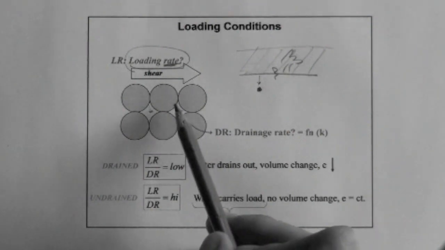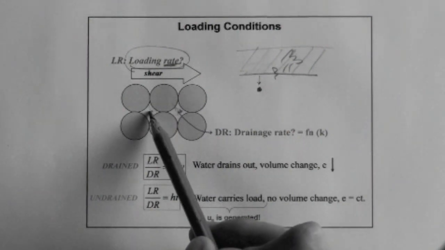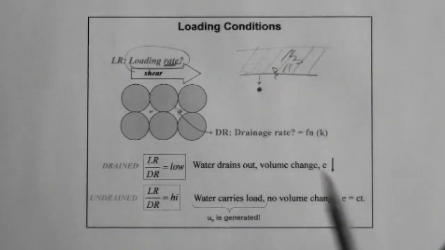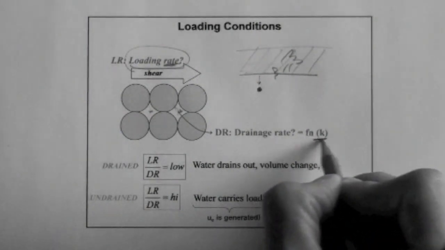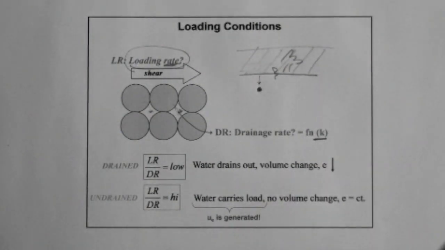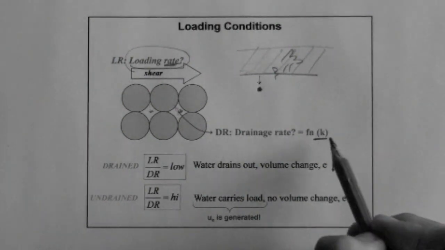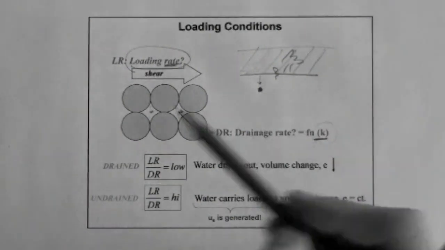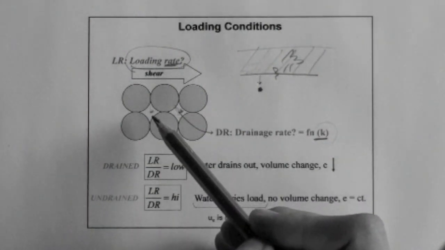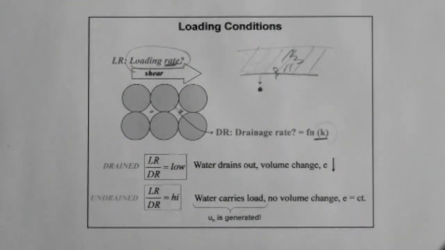Now, how fast or how easy it is for the fluid to flow through the pores depends on the hydraulic conductivity of the soil. Okay? If the hydraulic conductivity is low, then it is very hard or difficult for the water to flow through the soil. That's why it flows slowly, right? If the hydraulic conductivity is high, then it's very easy for the water to flow through the pores because the pores are big, right?